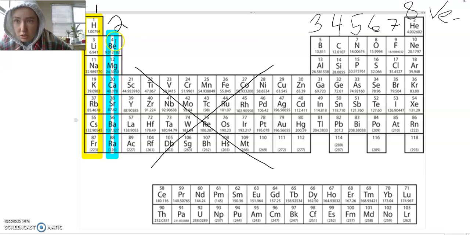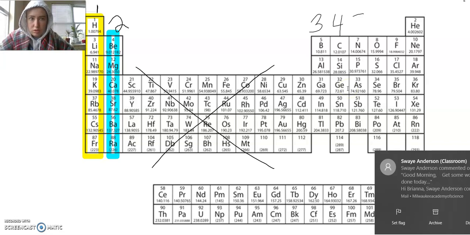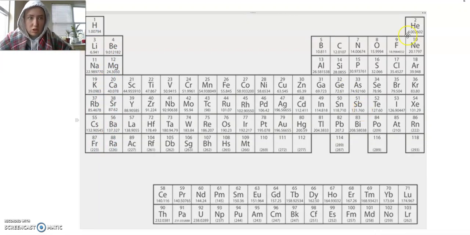Everything in this second column has two. Skip a few. This whole column has 3, 4, so on and so forth, all the way over to 8. So again, I'm going to go ahead and just erase my lovely artwork.